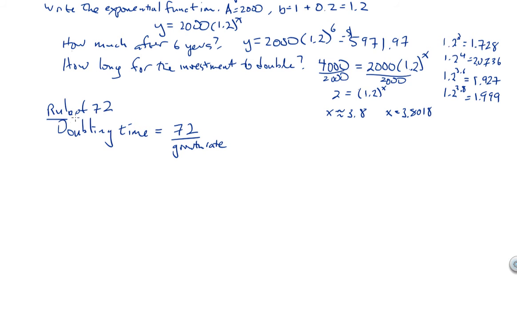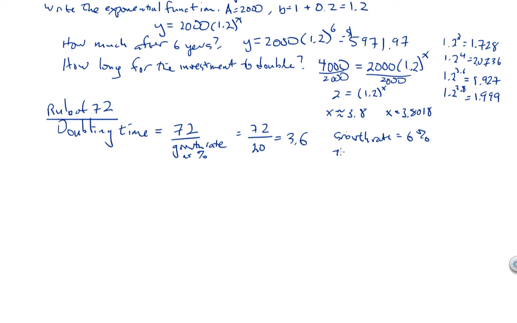Now this is totally an approximation. So in this case, our growth rate was 20%. Now we use the growth rate not as a decimal, just as a percent. So we just take 72 divided by 20 and we get 3.6. So not a bad approximation. It's not perfect, but another example, say your growth rate was 6%.